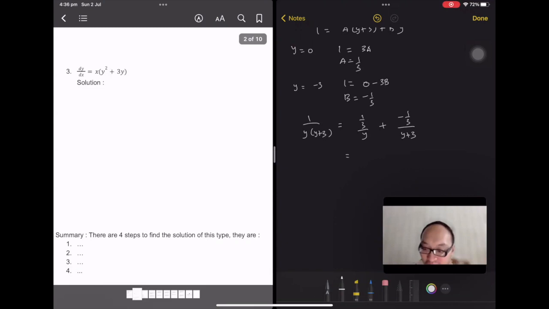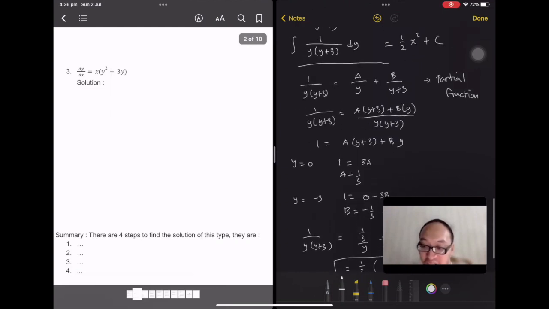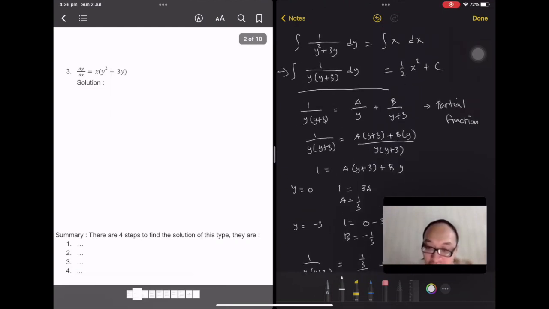Or it can be simplified to 1 over 3 times (1 over y minus 1 over y plus 3). Now, this value can be taken into our equation.